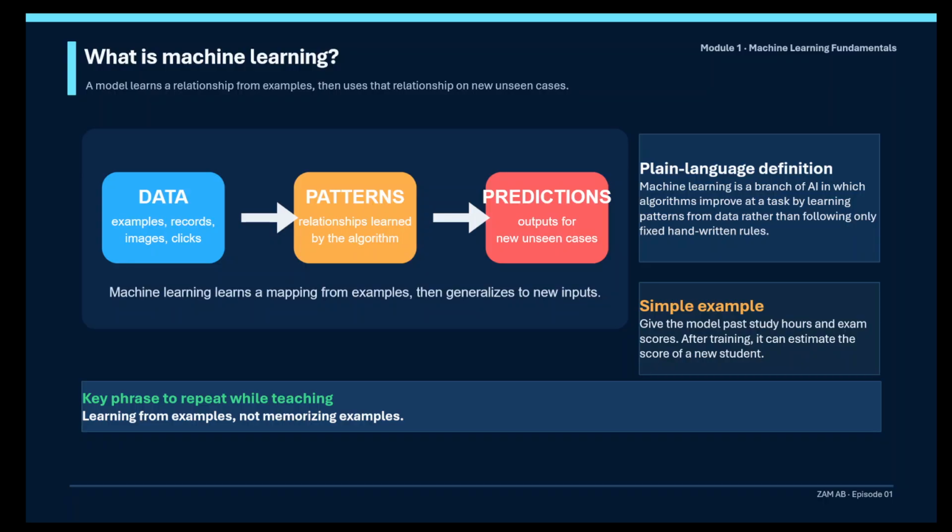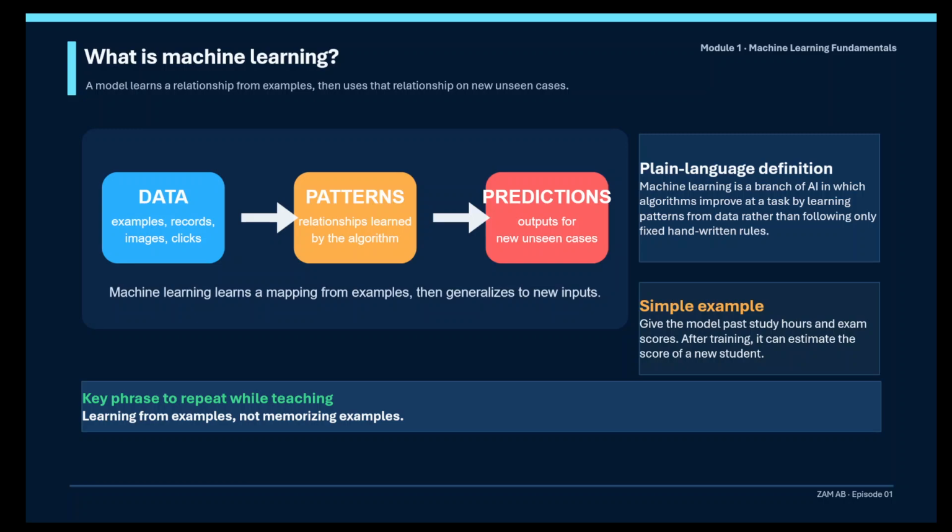Then we can feed this data into machine learning and establish a machine learning model. That model will then be capable of predicting new outcomes. It can estimate the score of new students.